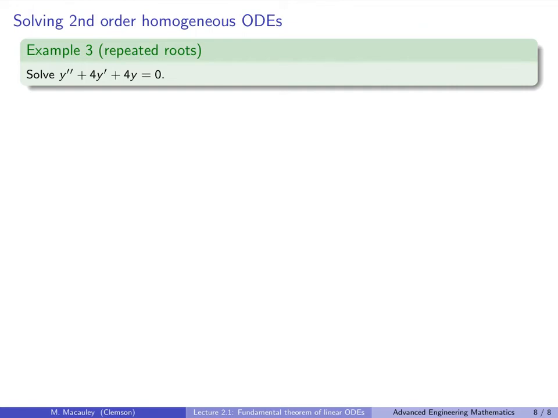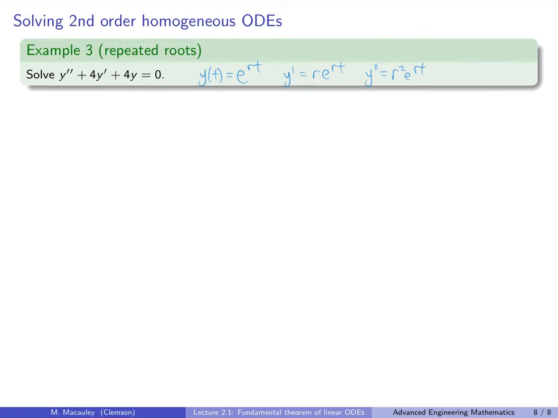Okay, so in here we want to solve y double prime plus 4y prime plus 4y equals 0. As before, we assume the solution is of the form y of t equals e to the rt, and then y prime is r e to the rt, and y double prime is r squared e to the rt, and now we plug these guys back into here.